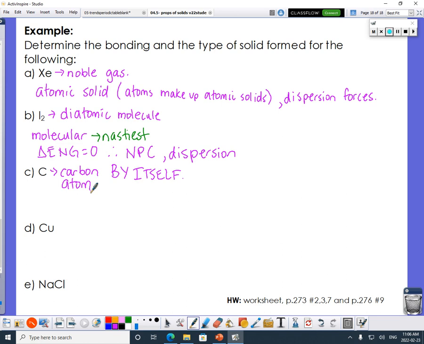This, yep, network. Which is covalent. Whoa, brain fart there. Okay, and then again, what kind of metal is copper? It's a transition metal.